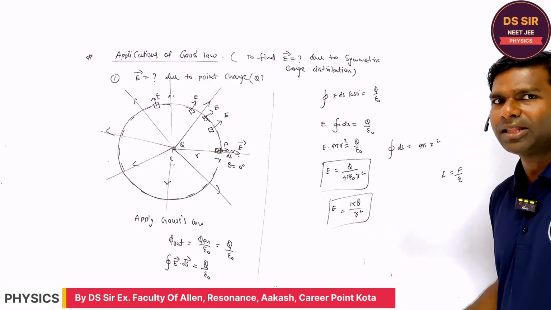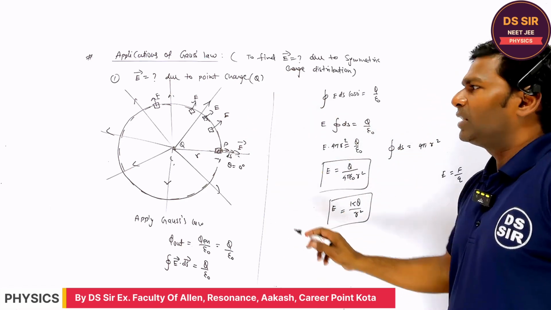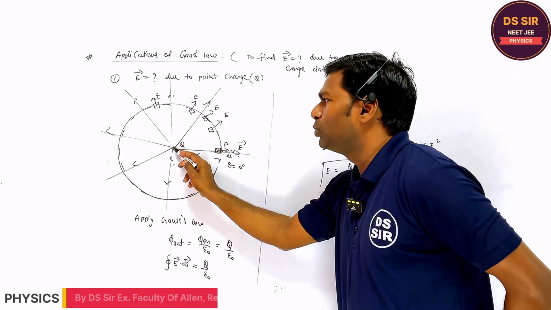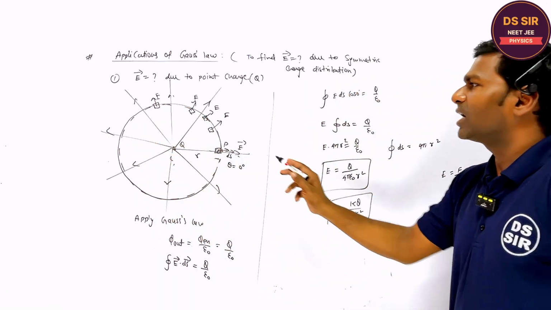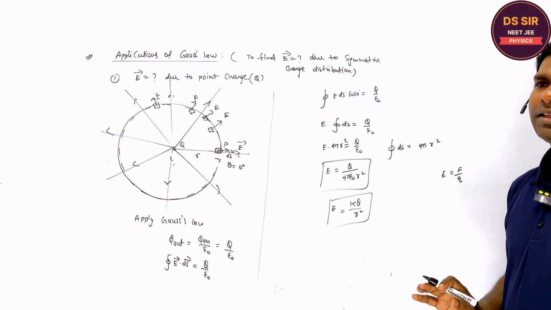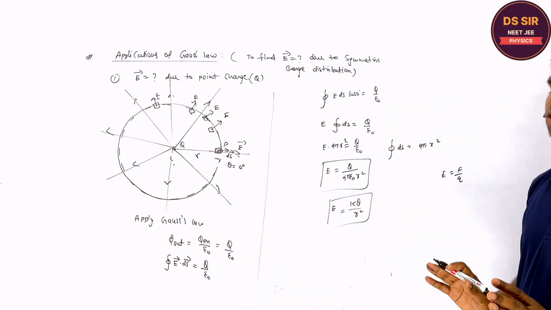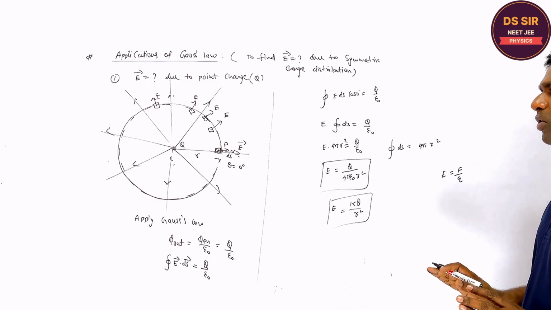The important thing is that we are able to find this electric field only if the charge distribution is symmetric. If the electric field is symmetric about the charge distribution, then only we can find the electric field with the help of Gauss's law. Not due to all charge distributions can we find the electric field.